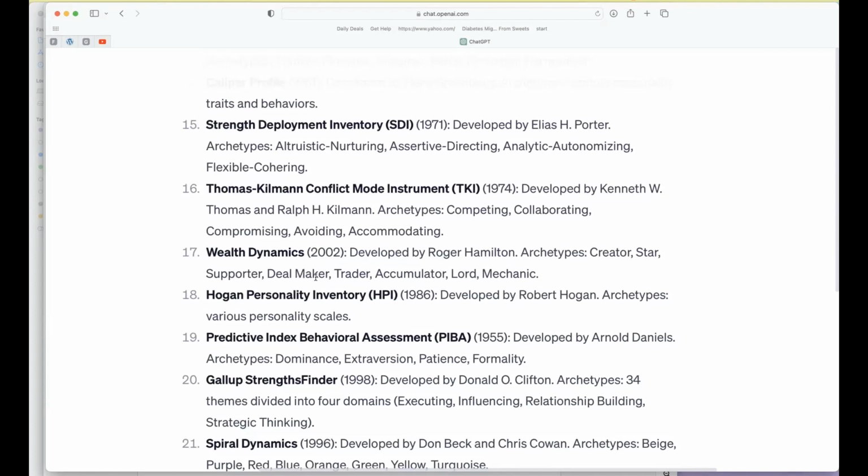Creator, star, supporter, deal maker. No, I know your language for the money. Not really. You're different, right? I was introduced to that, Wealth Dynamics, back in 2017. Roger Hamilton is a well-known entrepreneur who runs a resort in Bali for entrepreneurs, and he now has one in South Africa.